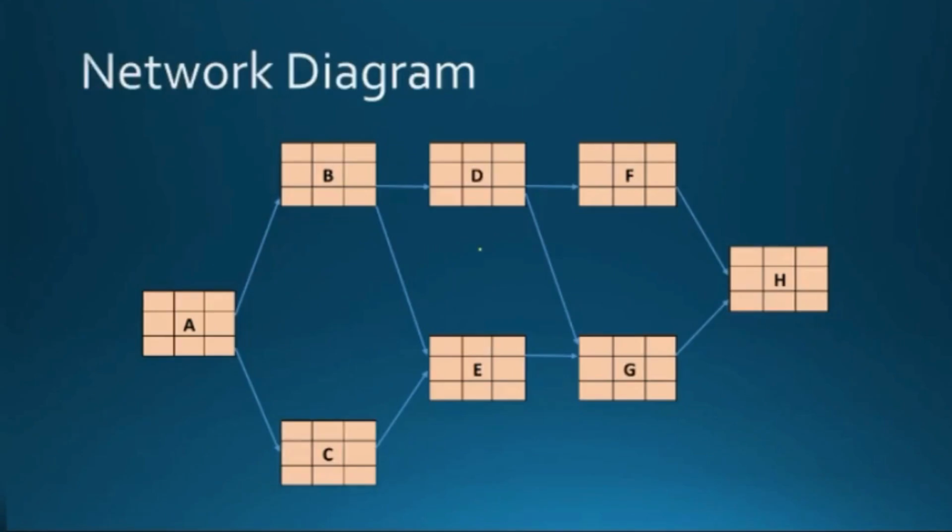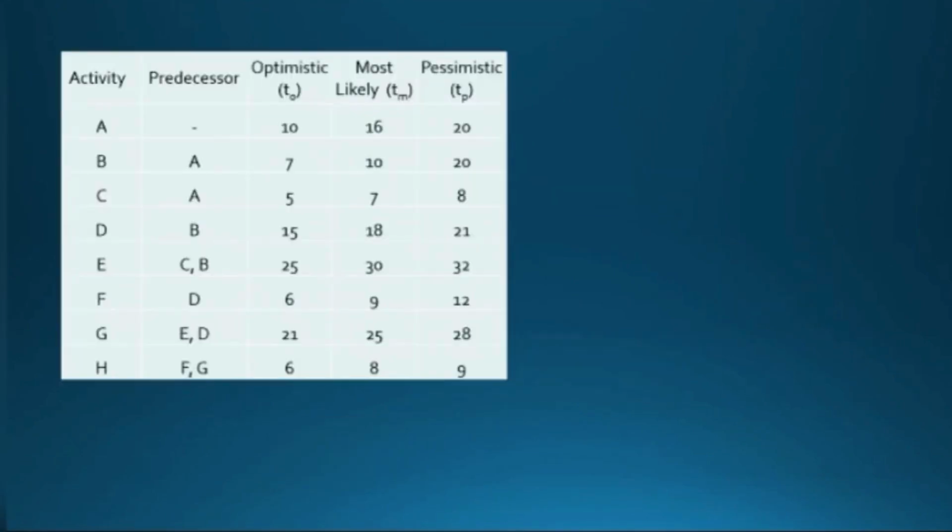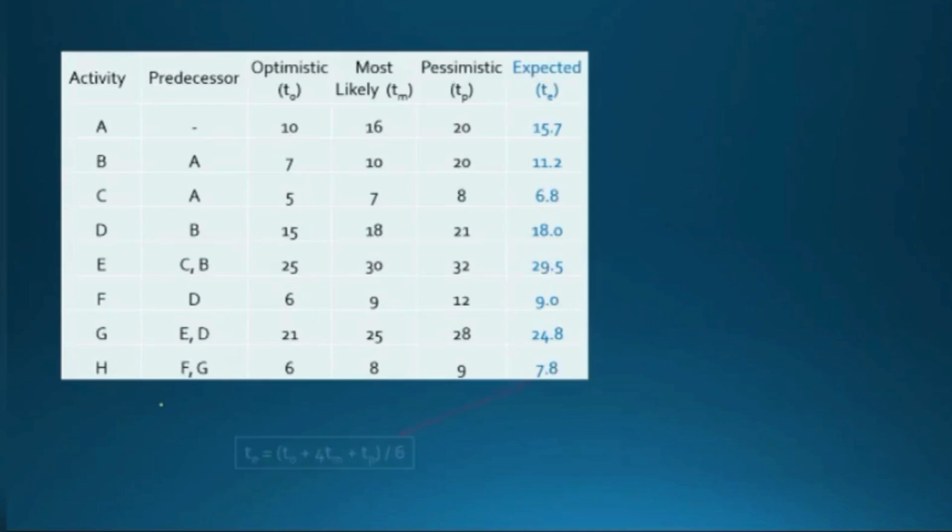Okay. Now, next step, we know the activity, predecessor, optimistic, most likely, and pessimistic times. So we are going to calculate the value of TE, or expected time. For one activity, it is TO plus 4TM plus TP, divided by 6.